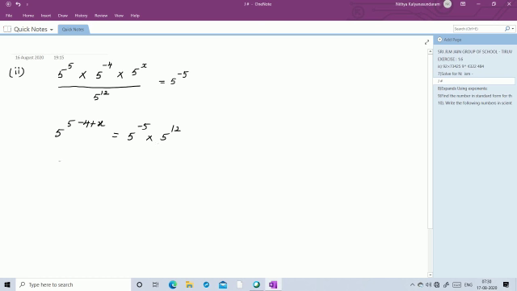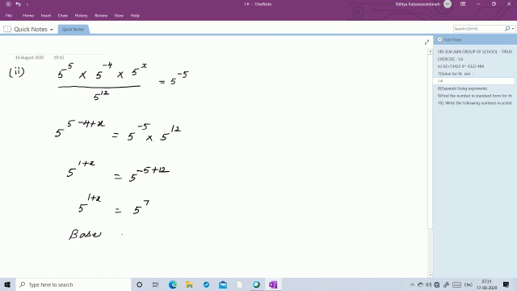So this division, if you are moving that side, multiply. So 5 power 5 minus 4 is 1 plus x is equal to 5 power, again bases are equal and multiply, powers we want to add. Minus 5 plus 12. 5 power 1 plus x is equal to 5 power minus 5 plus 12, it's 7. Again bases are equal means powers also will be equal.